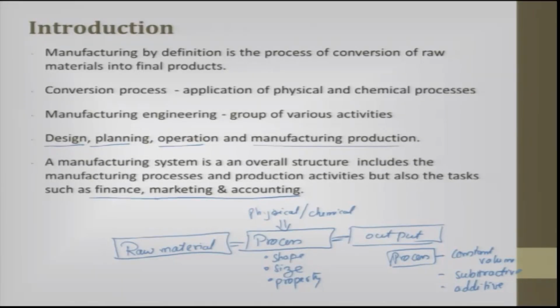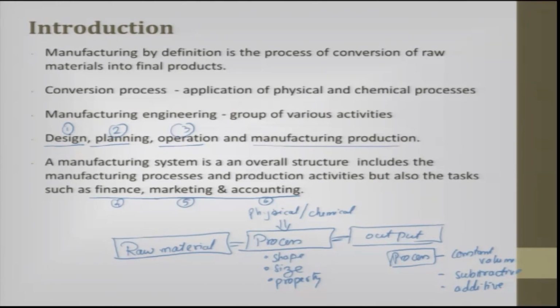So, it is now clear manufacturing is not only producing, it involves design, planning, operation, and then you do the manufacturing process, and apart from this you also do finance, marketing and accounting. All these departments put together in converting a raw material into a useful output is called manufacturing.